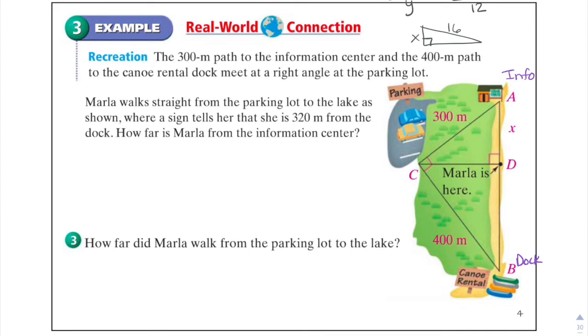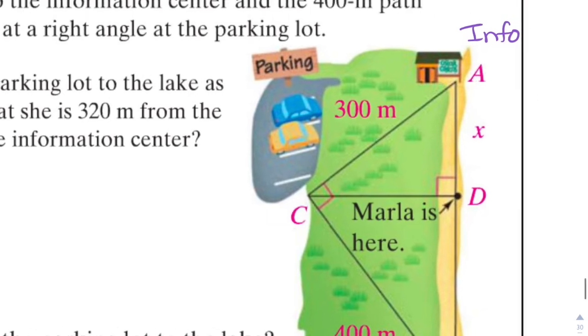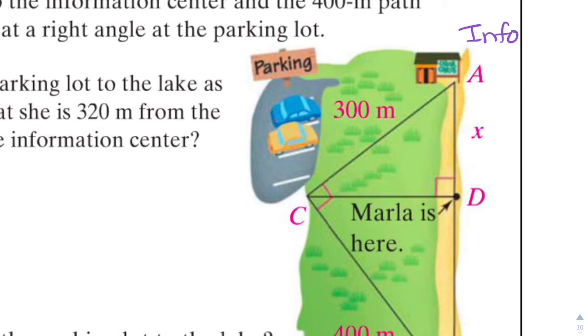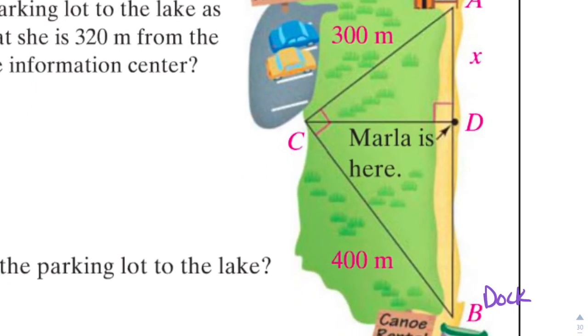So in the last example, example 3, we have a real-world connection problem. We have Maria here, who is walking from a parking lot over to a lake. From the parking lot over to the information center, which I labeled, has a distance of 300 meters. The location from the parking lot to the canoe rental has a distance of 400 meters.